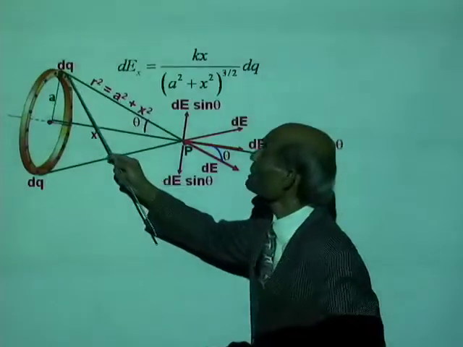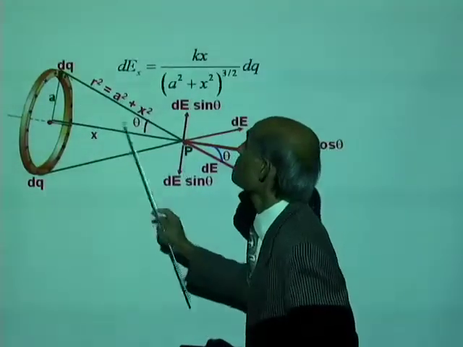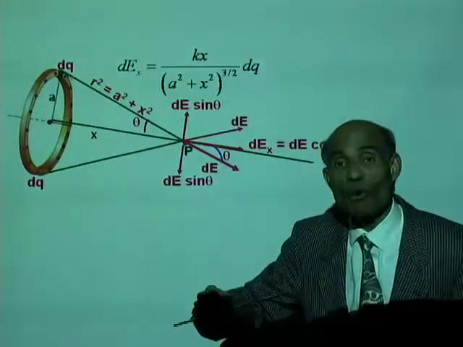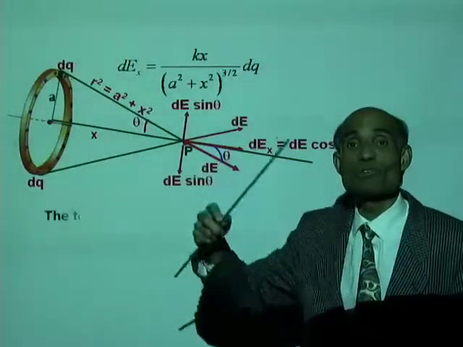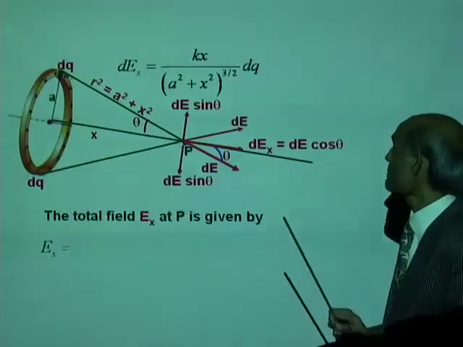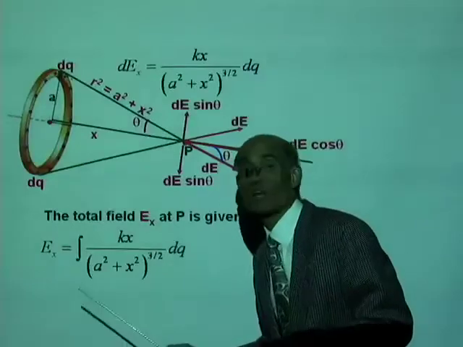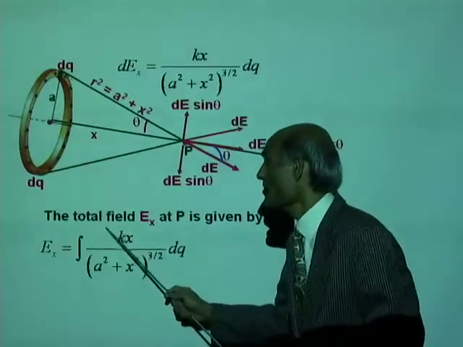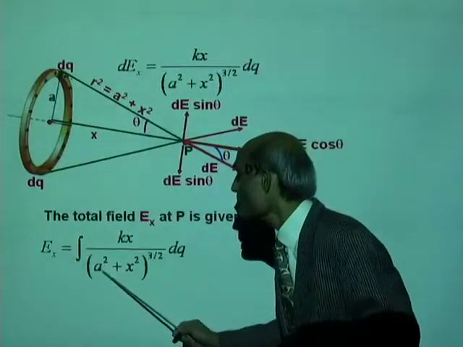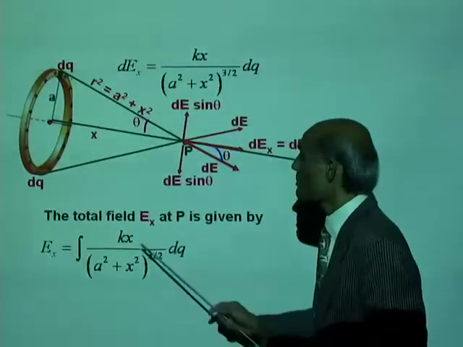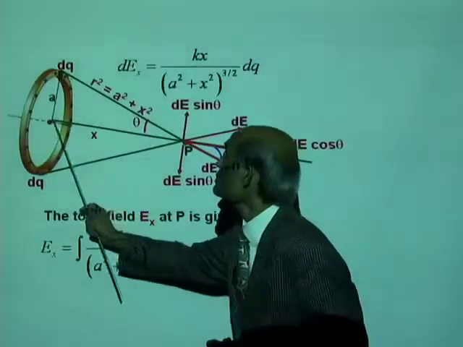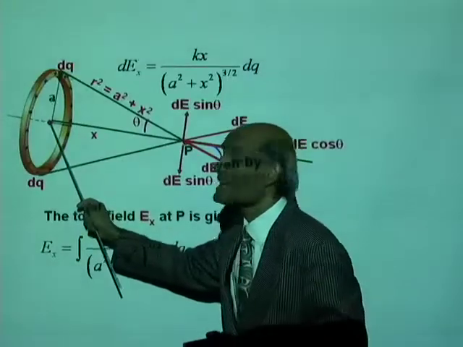And in order to find the total field at P, what we need to do is integrate that from q equal to 0 to the total Q. The total field Ex at P is the integral of this quantity. And if you notice, kx over a squared plus x squared to the power of 3 over 2 is a constant, because x is the distance of the point from the center of the ring.